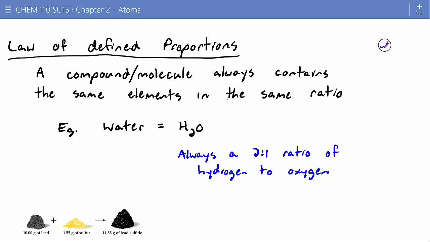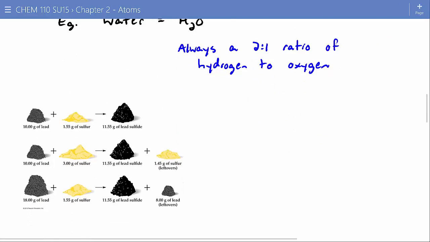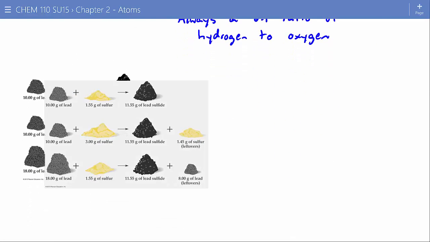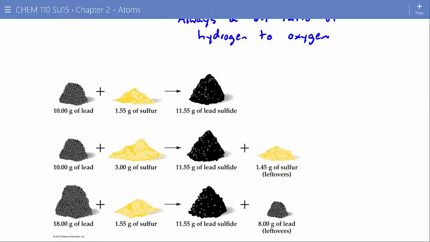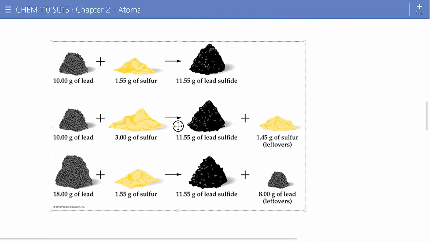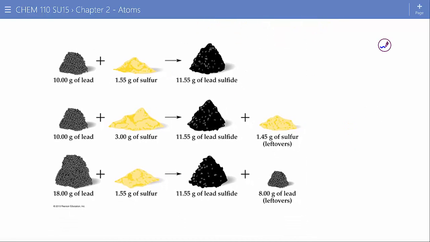So let's take this example here, which is a little tricky to think about. I'm going to blow this up a bit. Okay, so in this example what we're doing is we're taking lead and sulfur and we're reacting it to form lead sulfide.